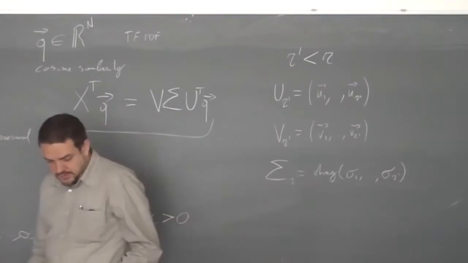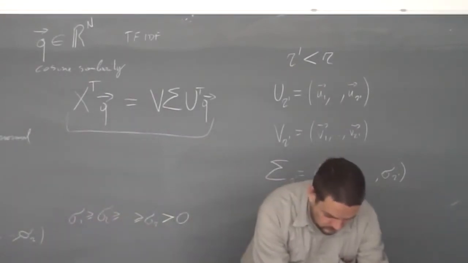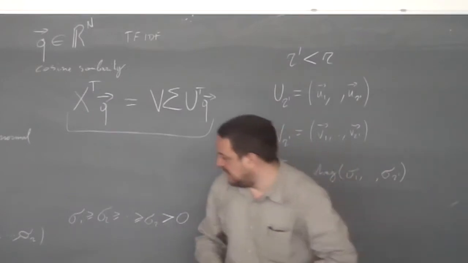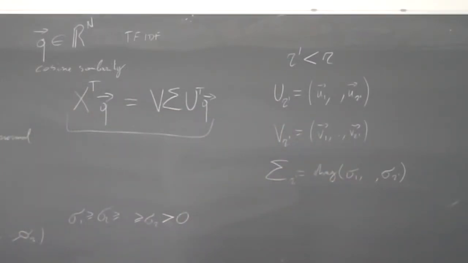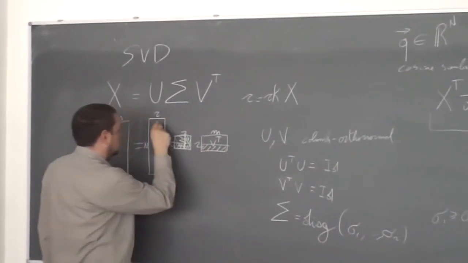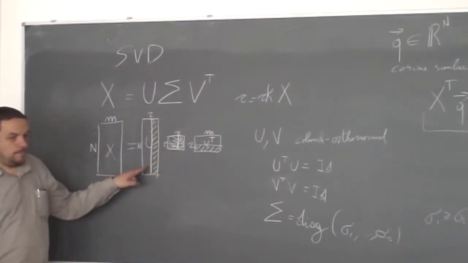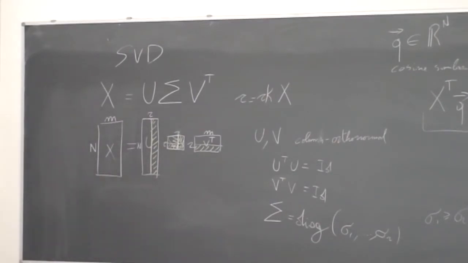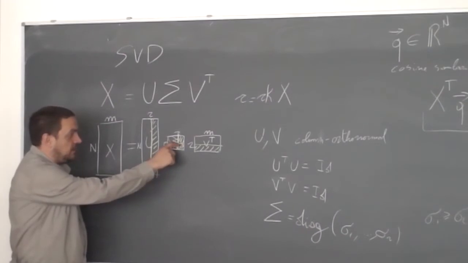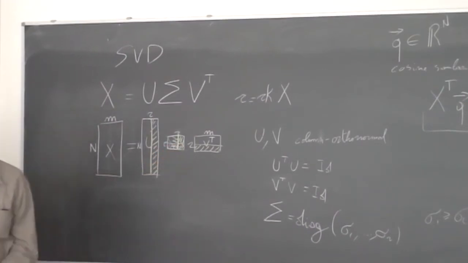What we obtain is that we are making these matrices smaller by taking away the parts of the matrices that provide the smaller contributions to the matrix X, because they are multiplied by small singular values here.